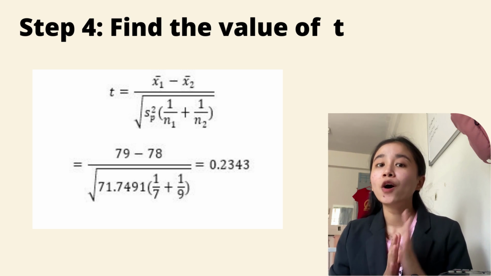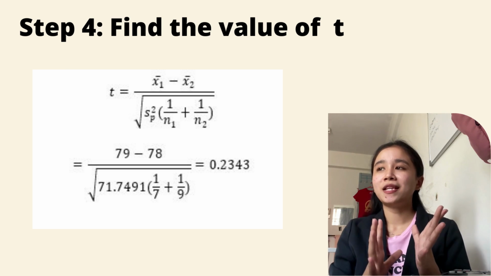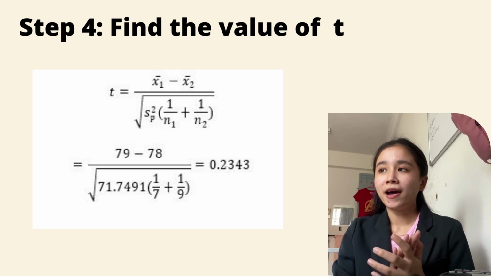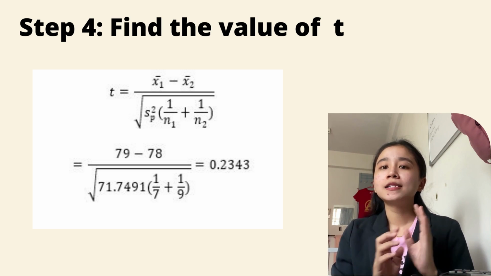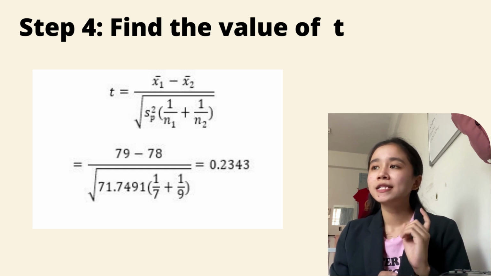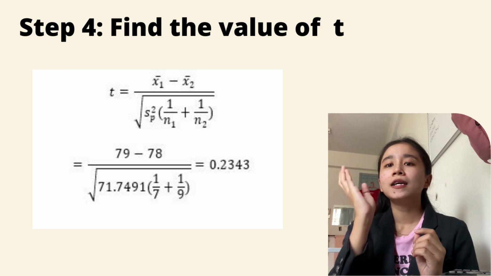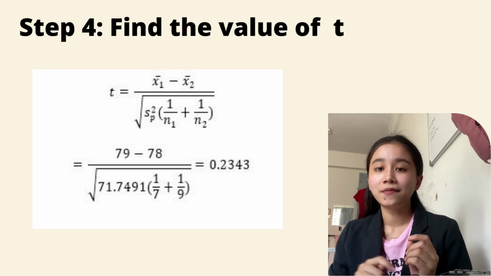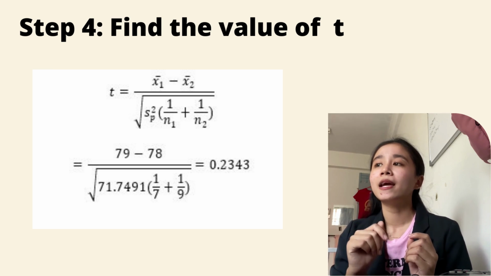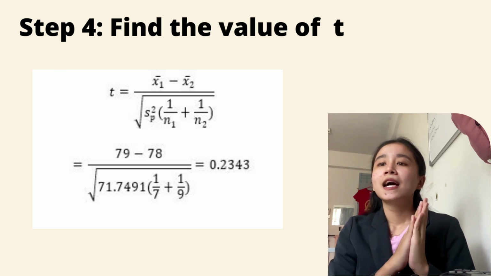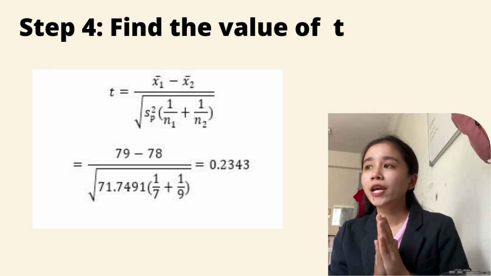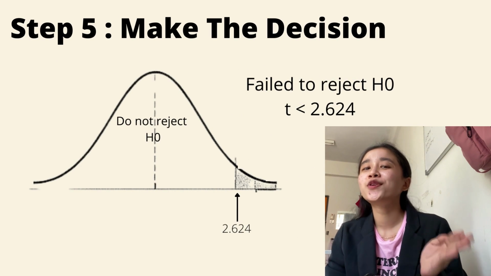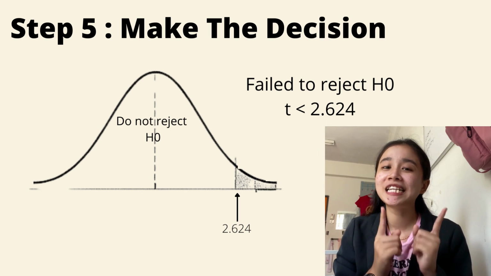So that means 79 minus 78, divided by the square root of 71.7491 times 1 divided by 7 plus 1 divided by 9, and we get the answer 0.2343.